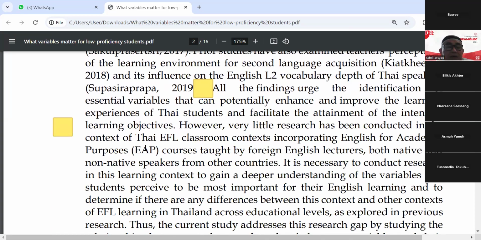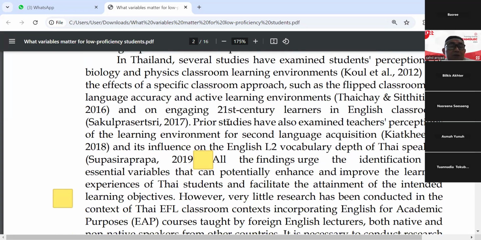Now, Nisrina, how do the authors organize the literature? How do the authors organize the studies reviewed in the literature review? Based on what? Maybe perspective, I'm not sure.